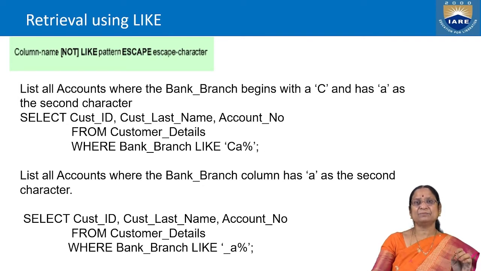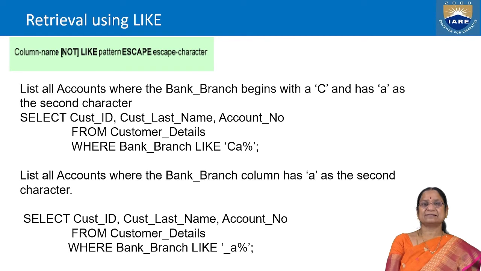And we discussed in the previous slides that the LIKE operator is used to compare character type data or string type data. General syntax is column name or any string, NOT is optional, LIKE pattern, ESCAPE pattern character.